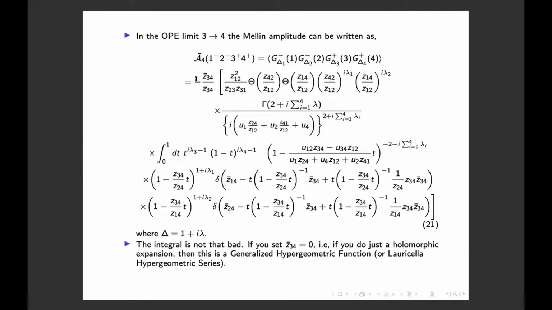So I have this z bar 34 by z 34, which I have extracted, and then I have this z12 square by z2331, and all these factors, and then I have an integral for the T. Now this T, in the S-matrix side, is essentially the splitting fraction.